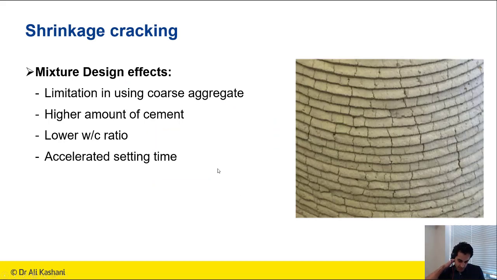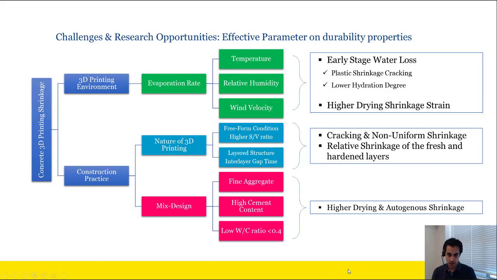The other thing we have been doing, and the early results have been published, is about shrinkage cracking in concrete 3D printing, where we discuss limitations like using coarse aggregate, higher amounts of cement, lower water to cement ratio, and accelerated setting time. All those parameters can affect the shrinkage cracking, as you can see in the picture in this slide.